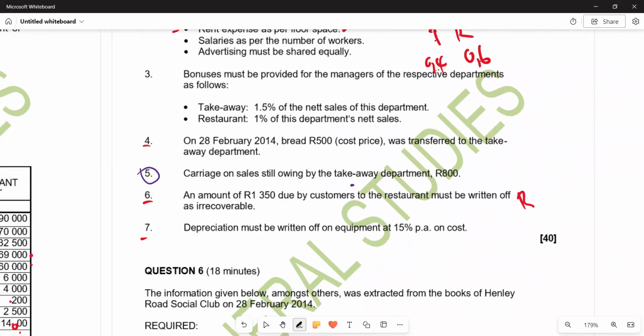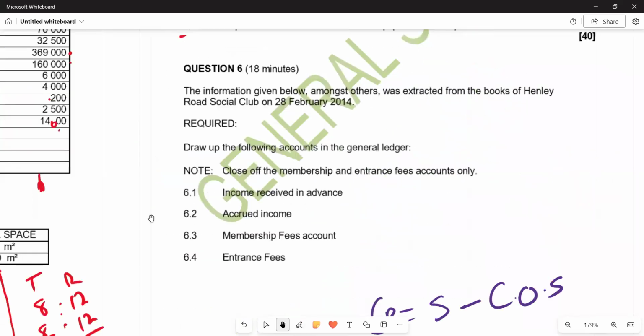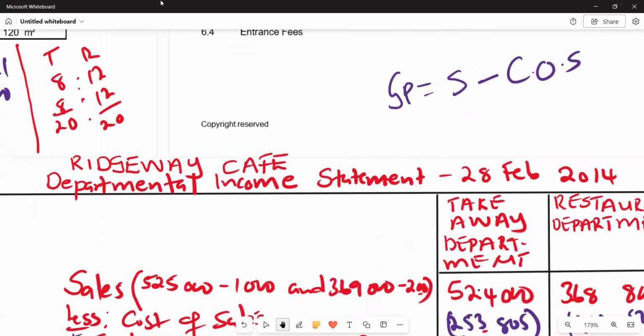So these are bad debts. Whenever we see that an amount is being written off as irrecoverable, it automatically means it's a bad debt, and it's relating to the restaurant only. So we only have a bad debt in the restaurant. In the takeaway, there's no bad debt, so we can just go and adjust in the restaurant.